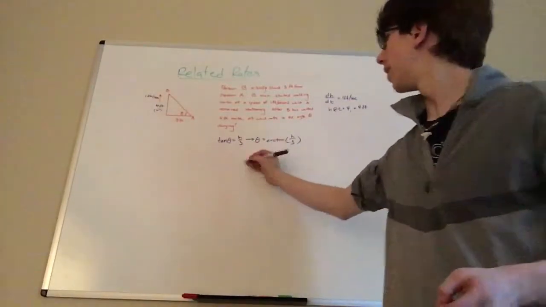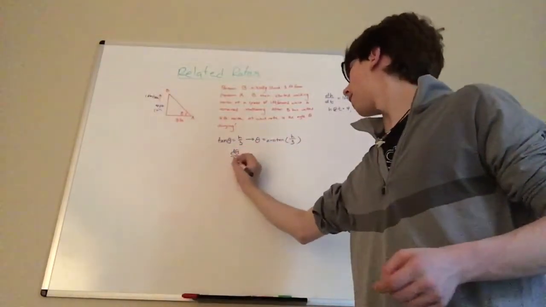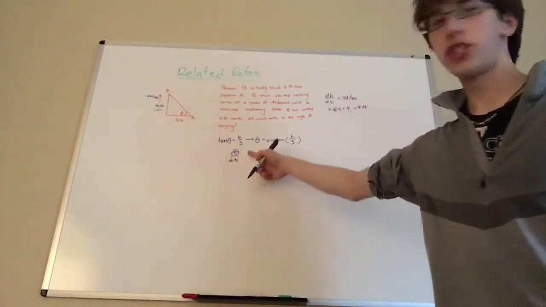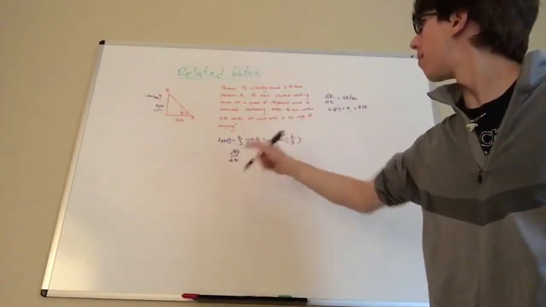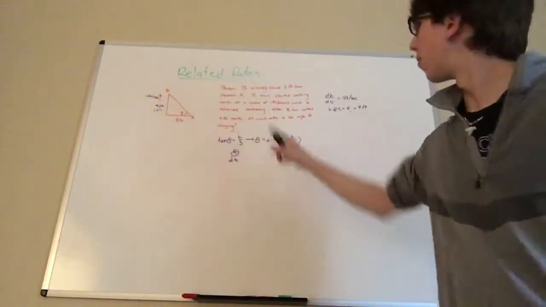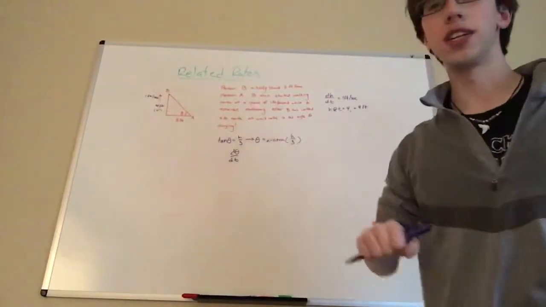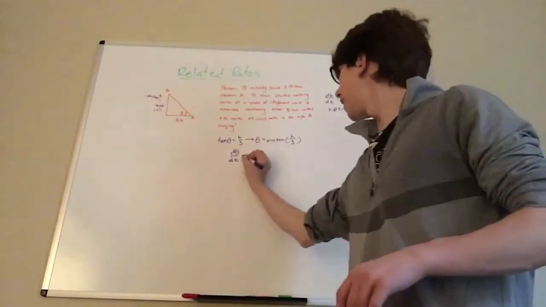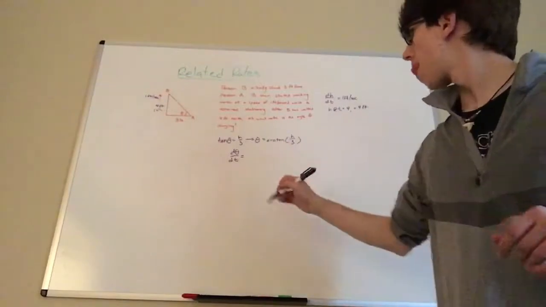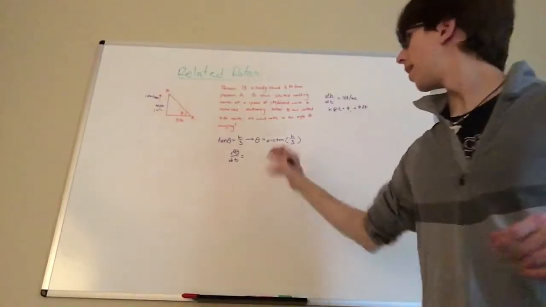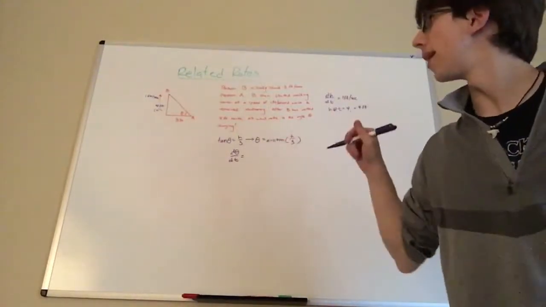The derivative of theta is d theta over dt, which is the change in the angle theta over time, which is the rate at which the angle theta is changing. It is equal to the derivative of arctan of h over 3.